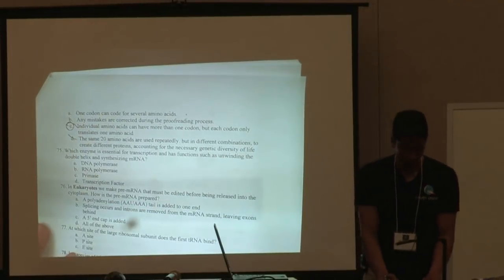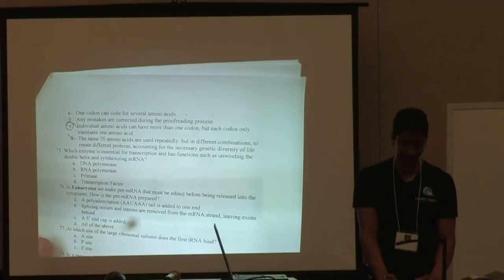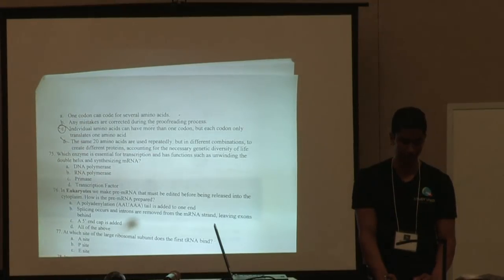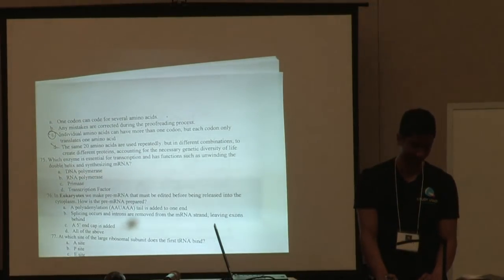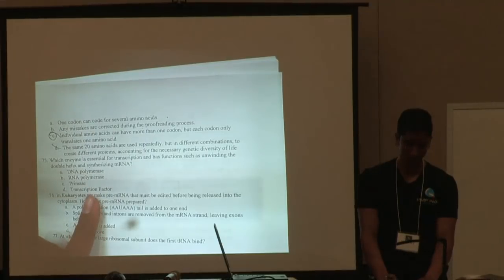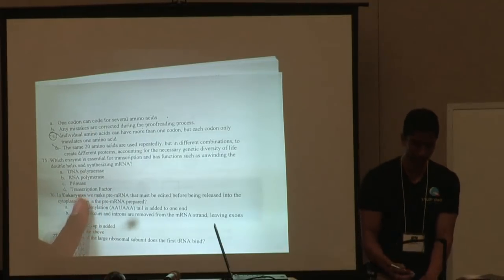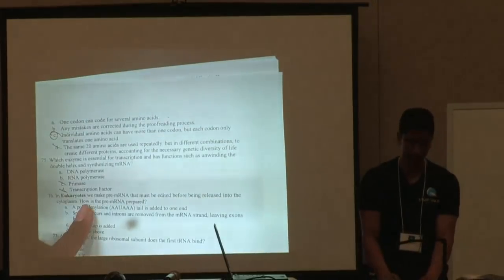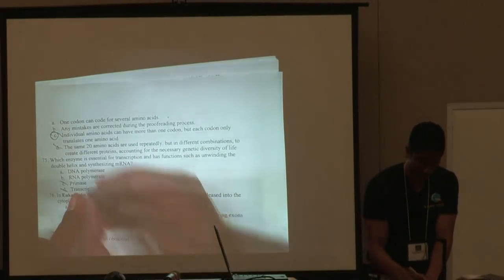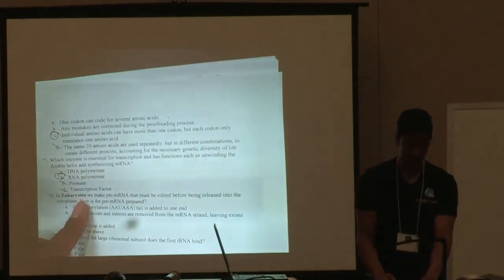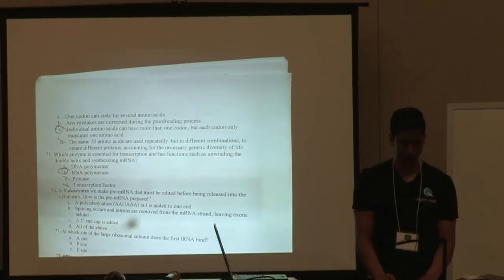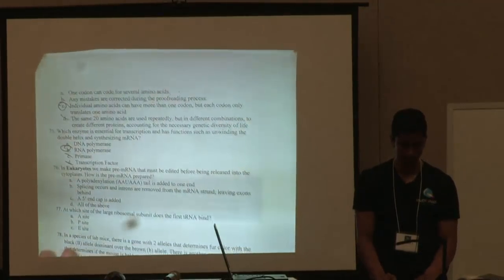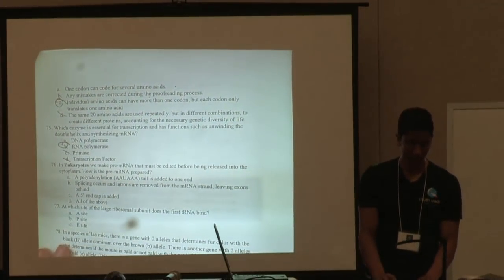All right. Which enzyme is essential for transcription, with functions such as unwinding the double helix and synthesizing mRNA? So I heard polymerase, so you're right. Which one? RNA polymerase. All right, 76.